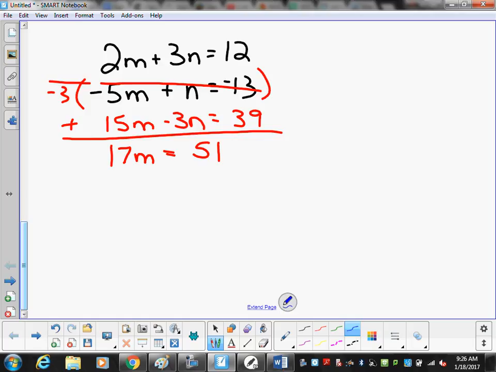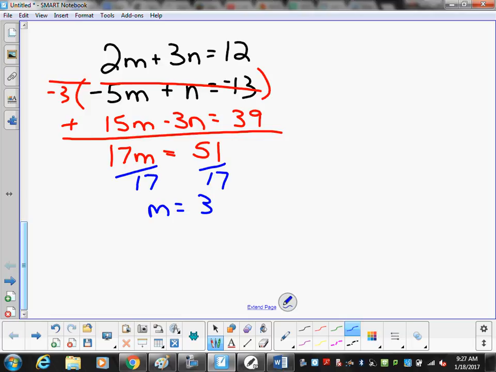So what is m in this case? M is equal to 3. So 51 divided by 17 is 3. All right.